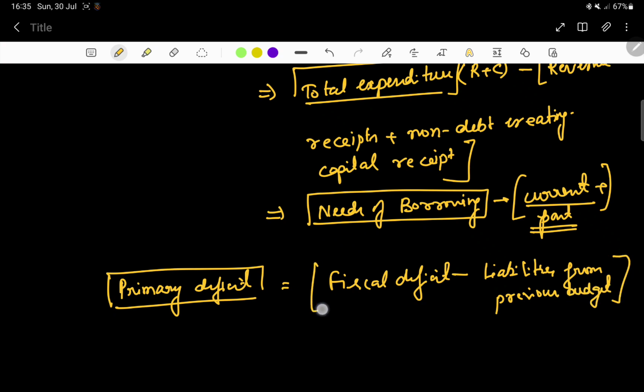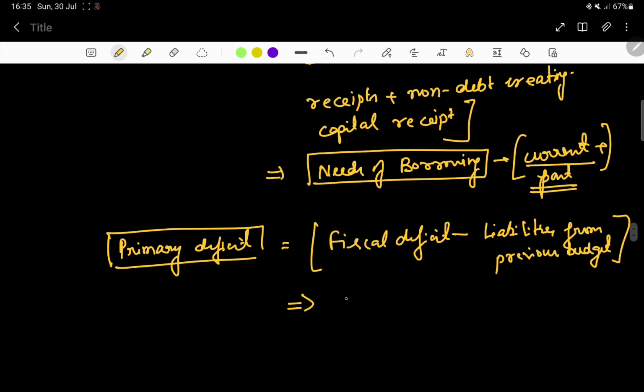When you subtract the liabilities from the previous budget from the fiscal deficit, you get the kind of liabilities you have created in the time period of the current financial year. So it basically gives a clearer picture of whether you are going for fiscal consolidation or fiscal expansion, which was not prudent. So it gives an idea of fiscal prudence, or non-prudence.